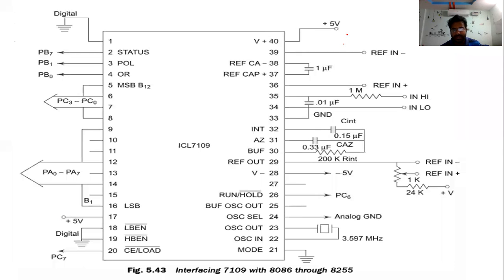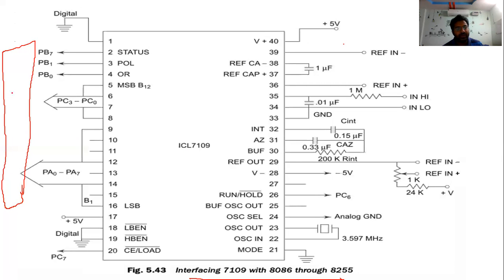Now see this, this is the interfacing of ICL 7109 with the 8086 through the 8255. On this side you have the ICL 7109. In the examinations you must also draw this.